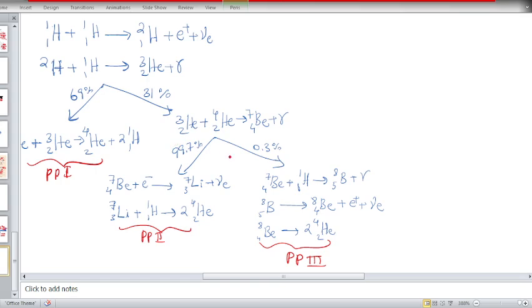For each step there will be energy release, and you can calculate that. There are many figures which give you the energy in each of these fusion steps. The total is 26.7 mega electron volts, the energy released in this particular interaction.